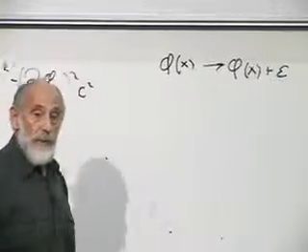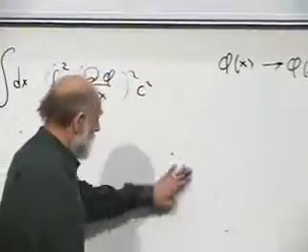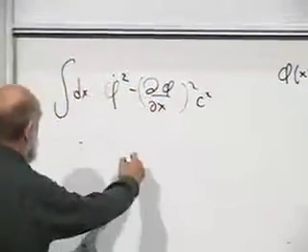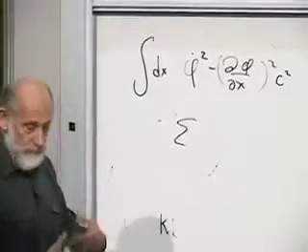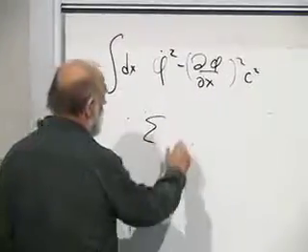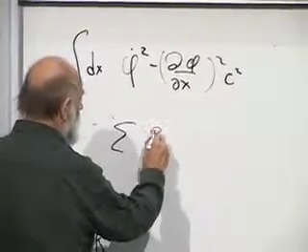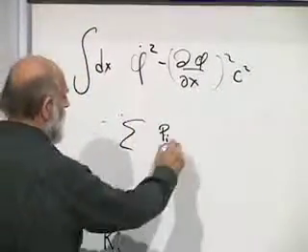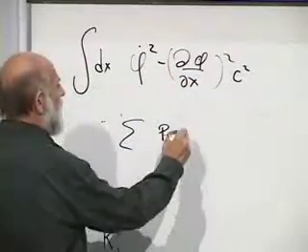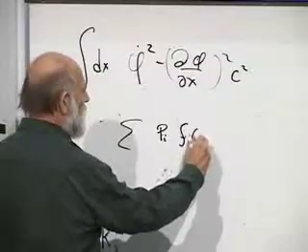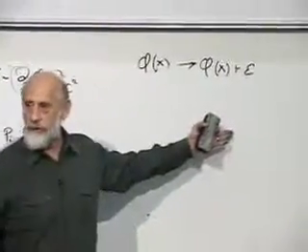That means there must be a conserved quantity. What is that conserved quantity? Let's write the general formula and then make it specific. It's the sum over all the degrees of freedom of the canonical momentum times f sub i of q. But what is f sub i in this case? It's just 1, right?